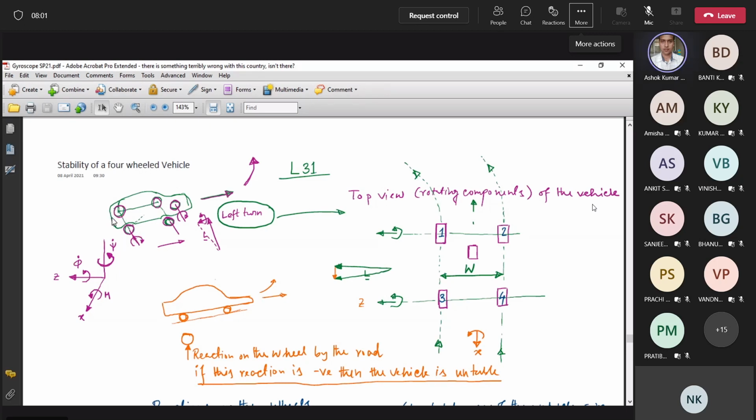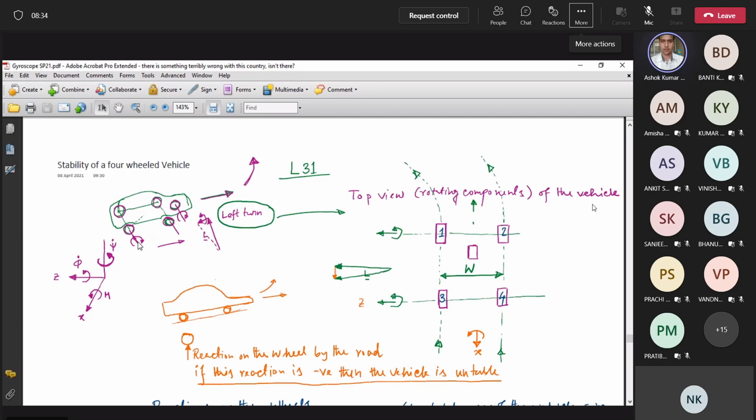What is the condition that ensures that the wheels are always in contact with the ground? The reaction from the ground has to be always positive. That is the condition that the wheels are always in contact with the ground.